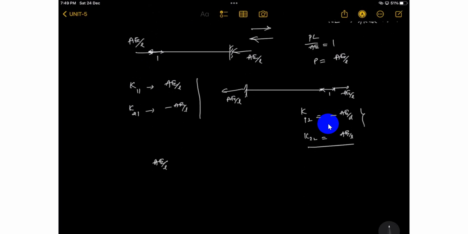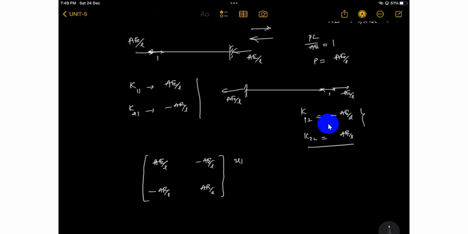AE by L, minus AE by L, minus AE by L, AE by L. Diagonal elements must be positive because the force is generated in the direction of the displacement, not in the opposite direction. This is force per unit displacement.